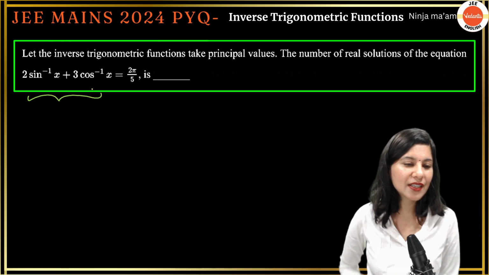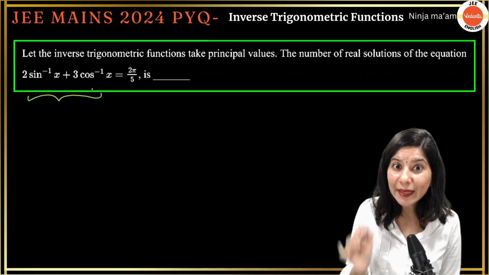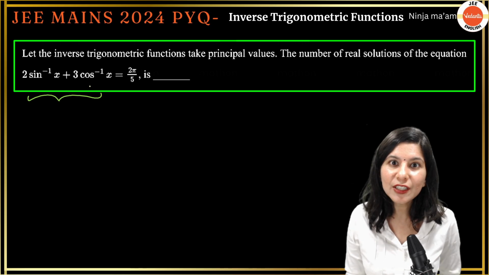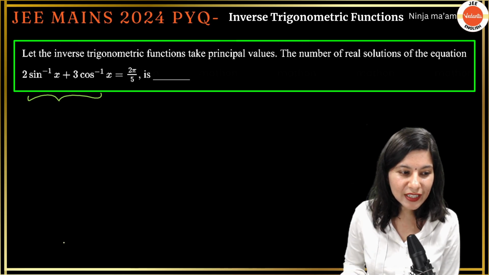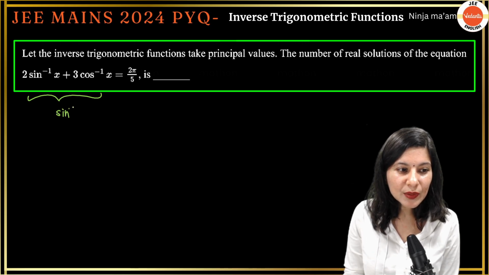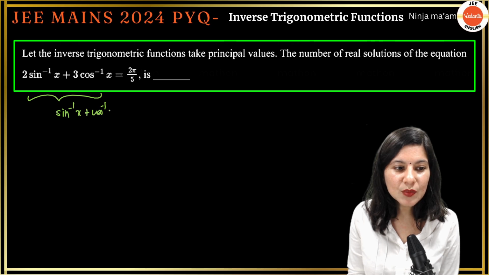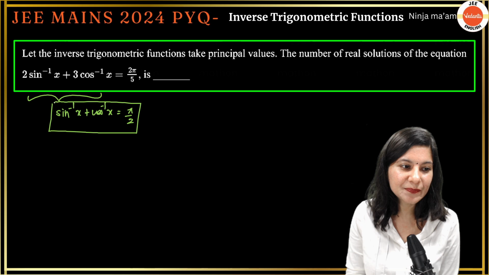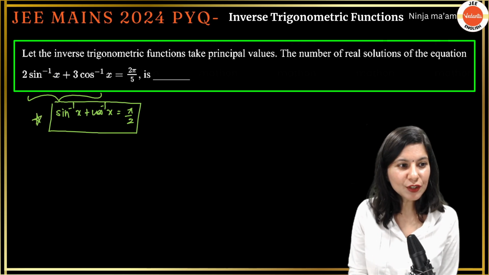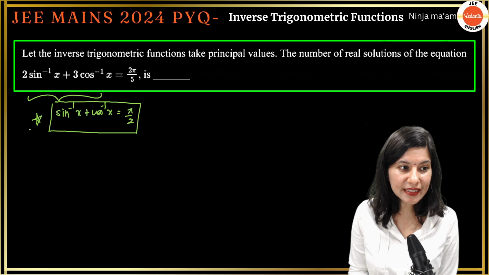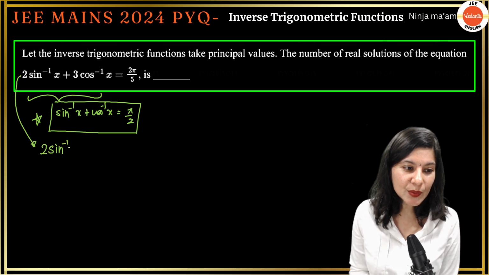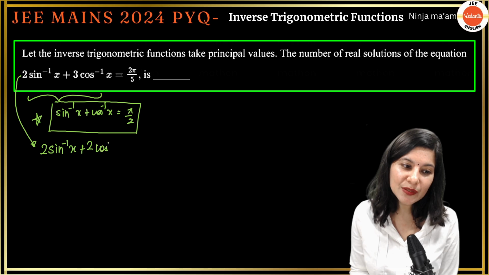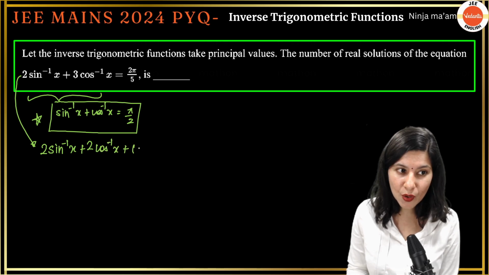Okay, all right. So again, I can see the same thing. Sine inverse and cos inverse are together. So why not make use of sine inverse x plus cos inverse x equals pi by 2, this very identity. Okay, so 2 sine inverse x plus 2 cos inverse x. Can I write it this way? So just let me rewrite this expression. 2 sine inverse x plus 2 cos inverse x plus 1 more cos inverse x.